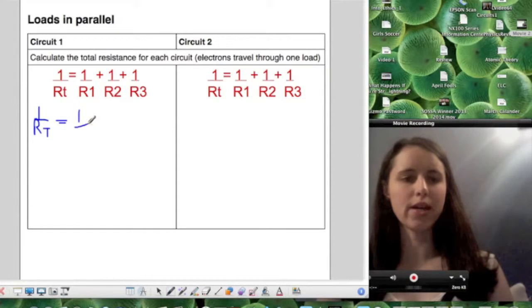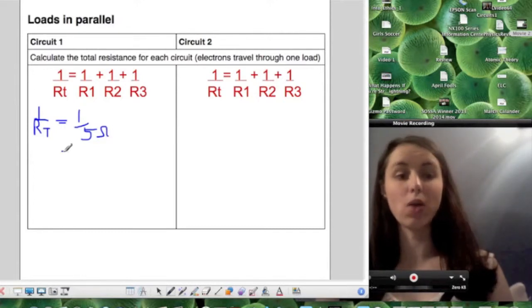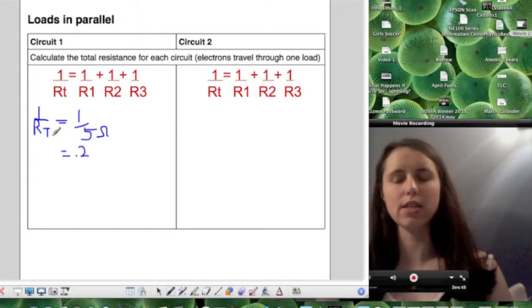What's R1 again? 5 ohms, right? So we know that 1 over RT is going to be equal to 1 over 5 ohms. If I plug 1 divided by 5 into my calculator, it is going to give me 0.2. All right? So I know that 1 over RT is equal to 0.2.